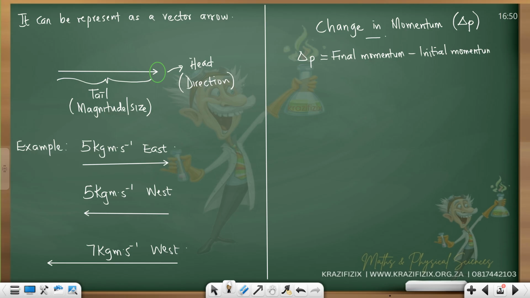I hope that makes sense. So our change in momentum is going to be final momentum minus initial momentum. Are we still together?